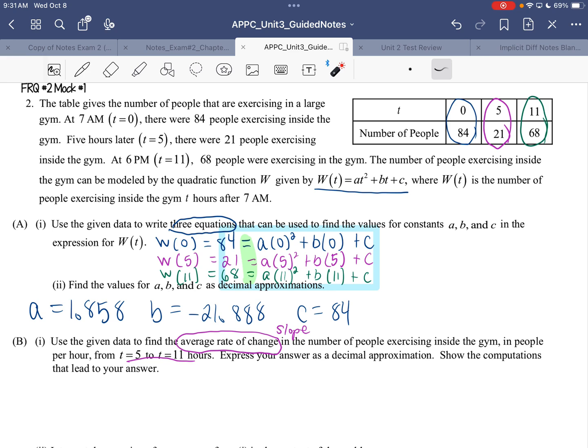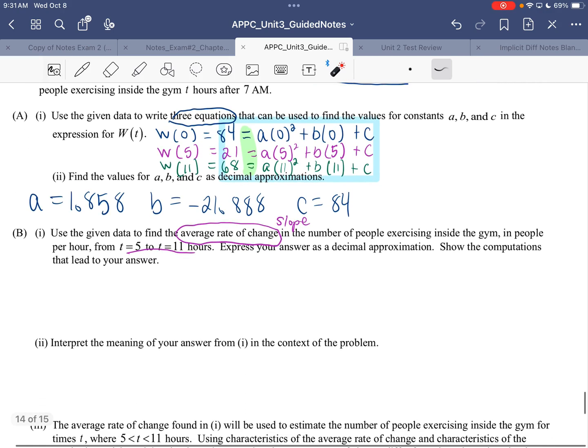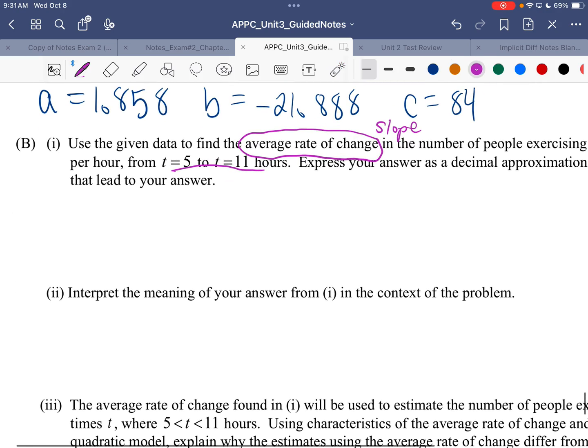So even if you're like, I don't know how to do A, we should be able to do the slope. Everett, what's the Y value at 11? Well, use your eyeballs and look at the table and find the Y value at 11.